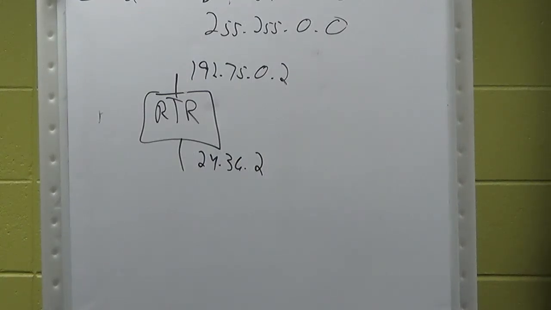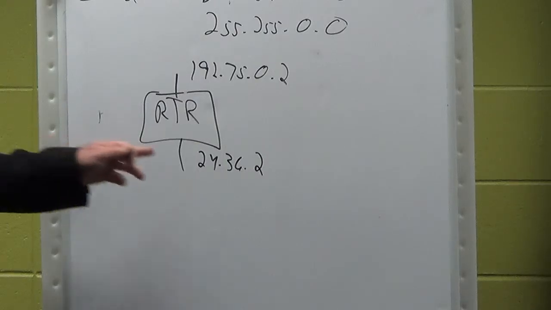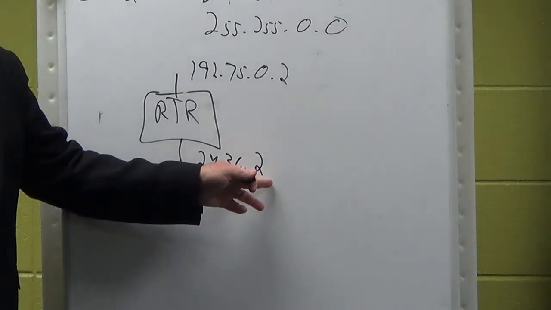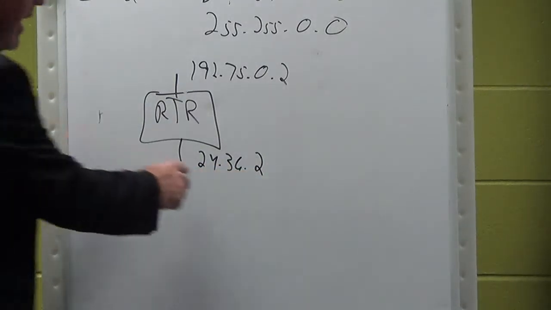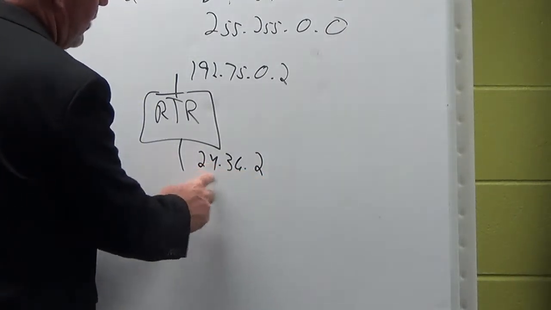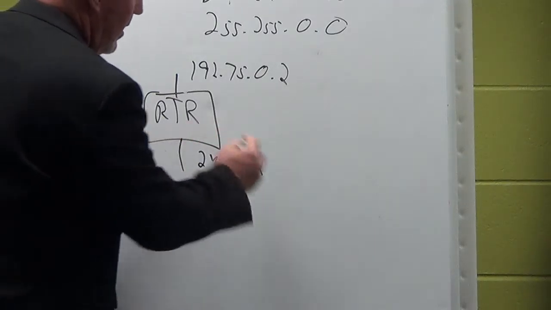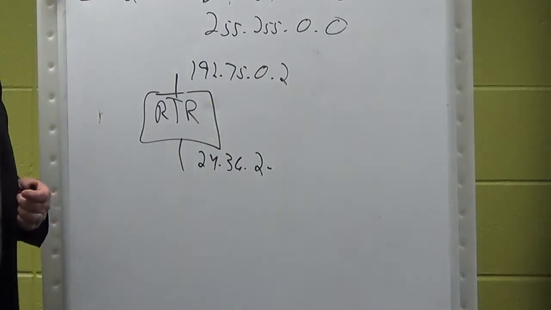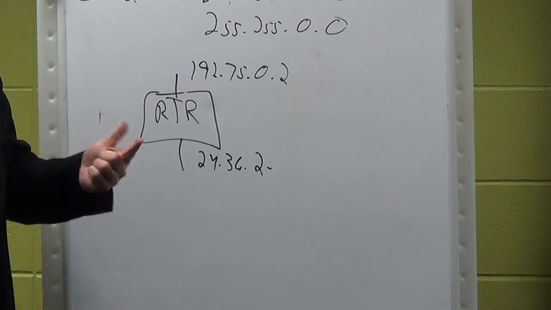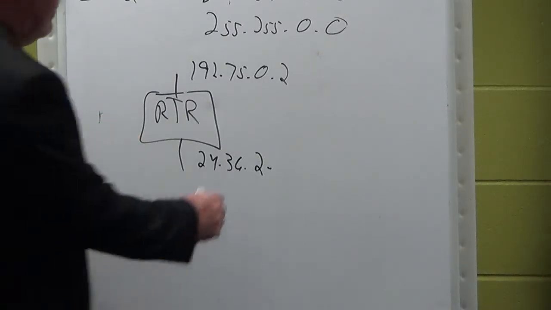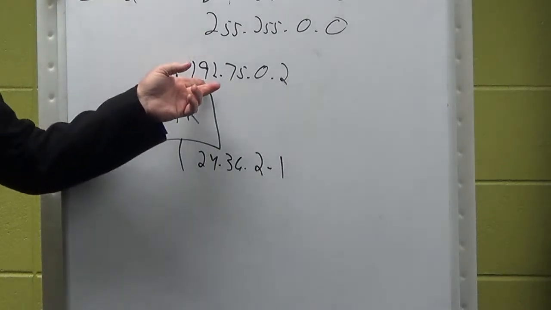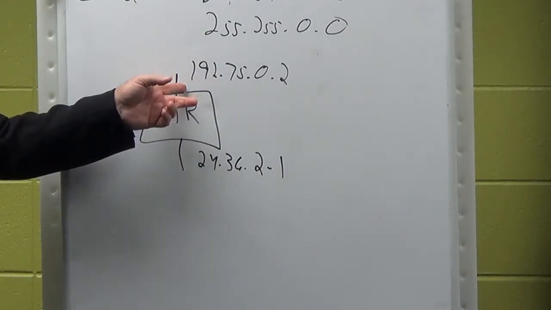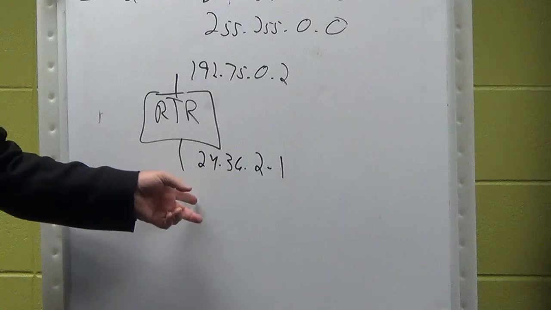So give me a different one. I can only have a total of 4 octets, so I've got 24.36.2. Give me a number, not 0 and not 255. Okay, all right, so I have the router IP address in Chicago and the router IP address in Indianapolis.